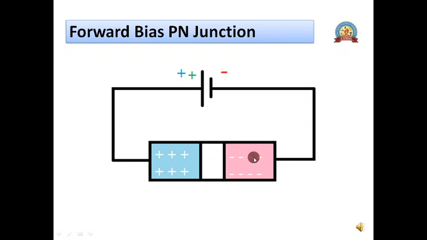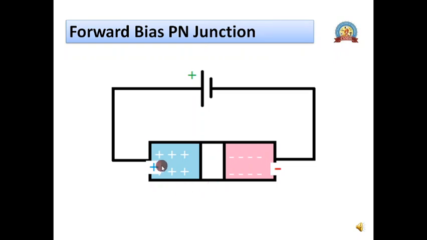So let's see what happens when this type of connection is done, that is, in a forward bias PN junction. In a forward bias PN junction, the positive charge from the positive terminal will move towards the p-type region, which is also positive charge, and the negative charge from the negative terminal of the power source will move towards the n-type region, which is also a negative charge.